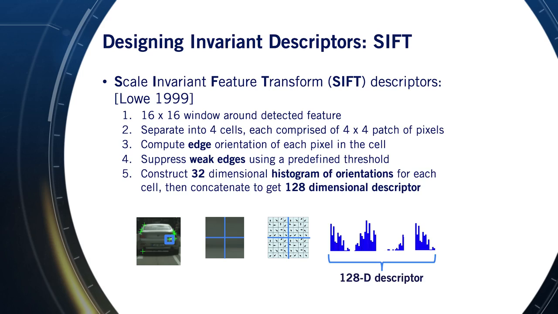Finally, we compute a 32-dimensional histogram of orientations for each cell and concatenate the histograms for all four cells to get a final 128-dimensional histogram for the feature at hand. We call this histogram our descriptor. Some additional post-processing is done as well, in that it helps the 128-dimensional vector retain stable values under variable contrast, gain, and other photometric variations.